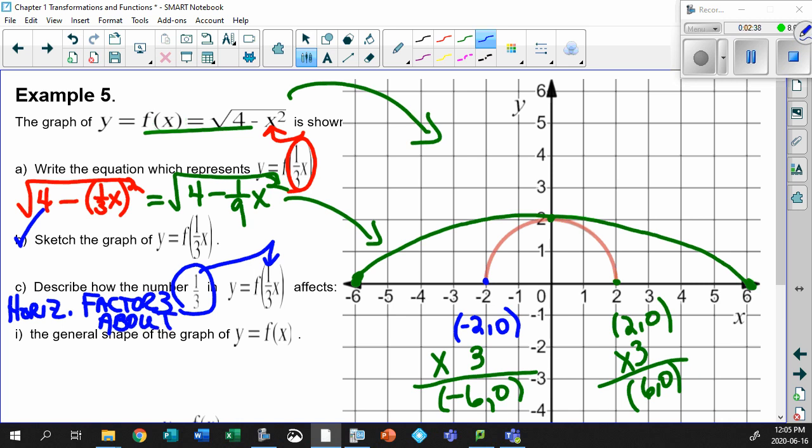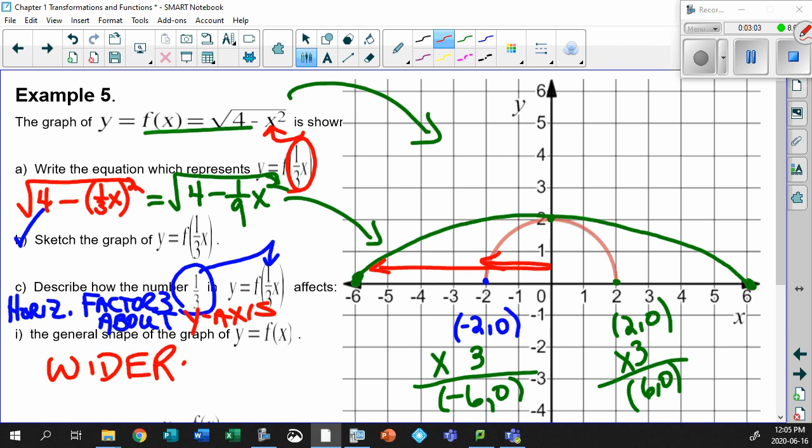I wonder if you do. Remember, it is a stretch in this direction, so we're stretching away from the y-axis. So it's a horizontal stretch, factor 3 about the y-axis. Gotcha. And it says, in general, what's the shape of this graph? It's just wider.